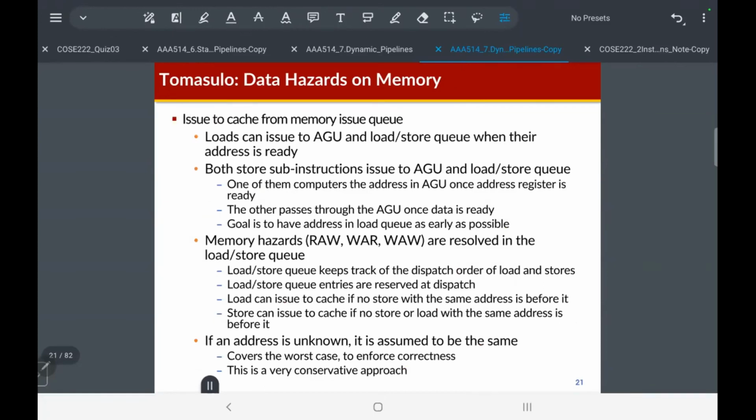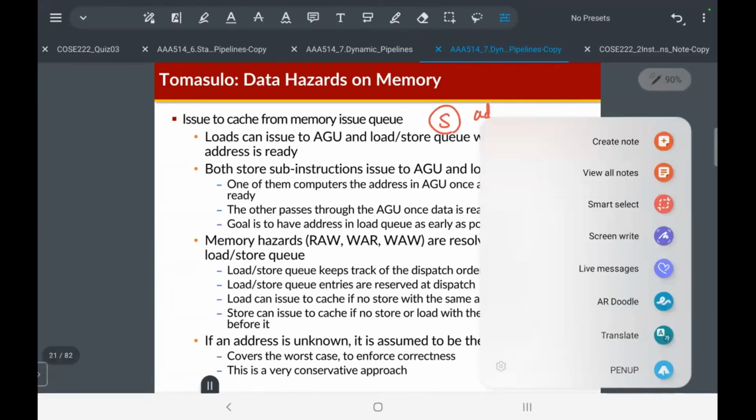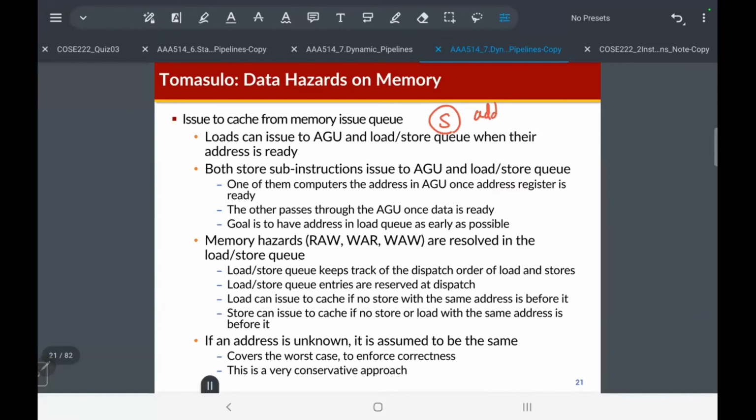I said that the store instruction is very critical because we need to check the addresses of load and store instructions.